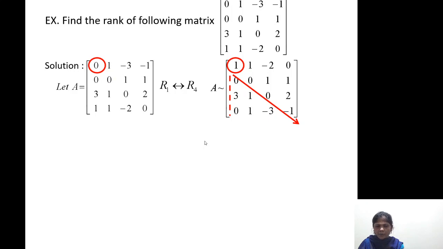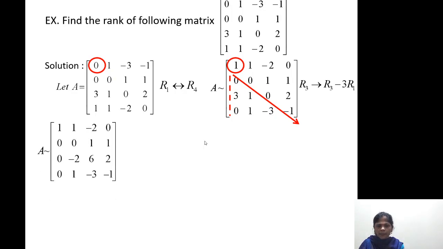So I just have to convert only one element, that is 3, to 0 with the help of this diagonal element, that is 1. So we'll multiply first row by 3 and then subtract it from the third row. Therefore, set of operation is R3 minus 3R1. We get resultant in such a way.